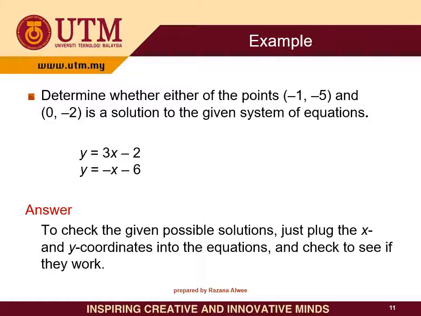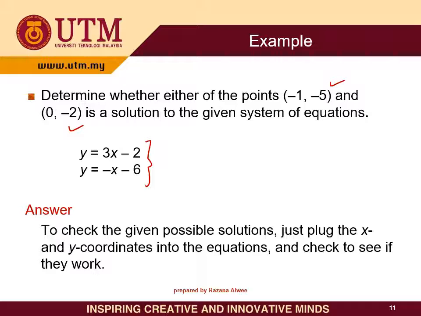Another example here asks us to determine whether the points negative 1, negative 5 and 0, negative 2 are a solution to the given system of equations. They give us two equations here: y equals 3x minus 2, y equals negative x minus 6.